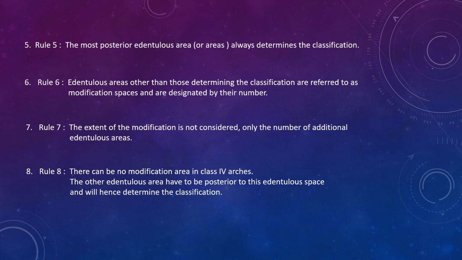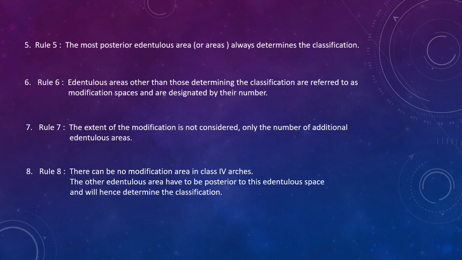All the remaining edentulous areas will not determine the classification. They are considered as modification spaces. Rule number 6. The edentulous areas other than those determining the classification are referred to as modification spaces and are designated by their numbers.